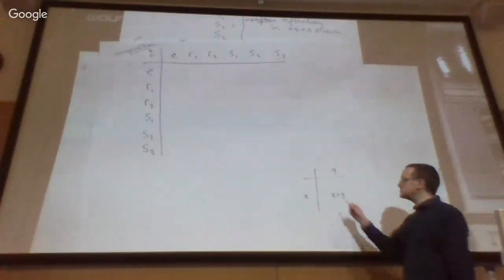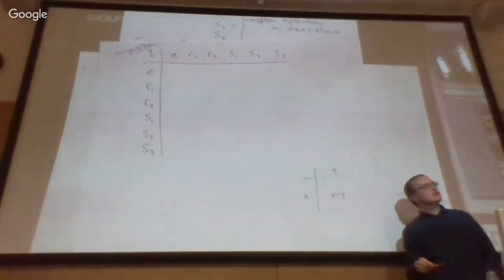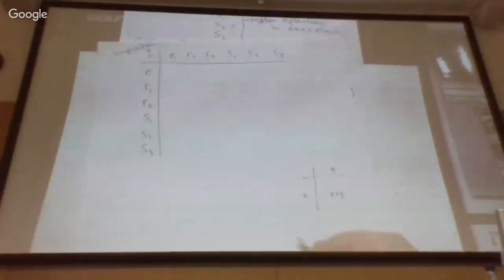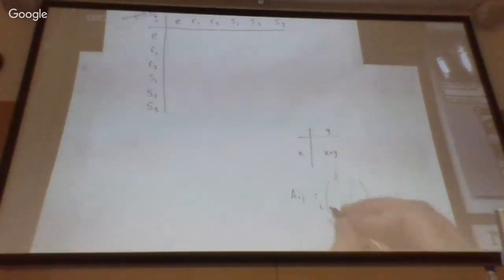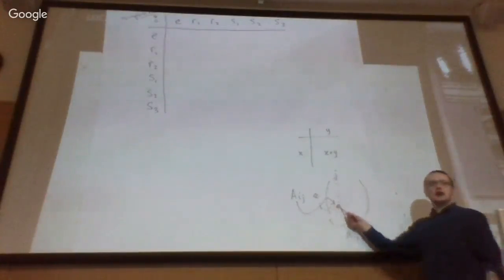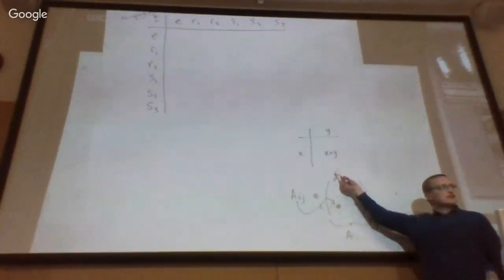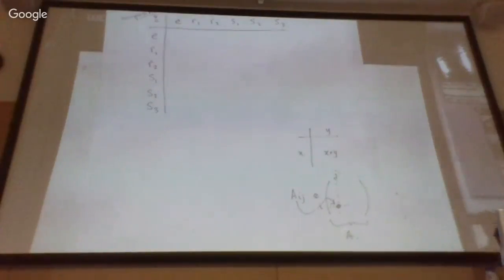If you talk about an entry A_ij of a matrix A, the ijth entry is the entry that you find in row i and column j. So the convention for entries in a Cayley table is the same.